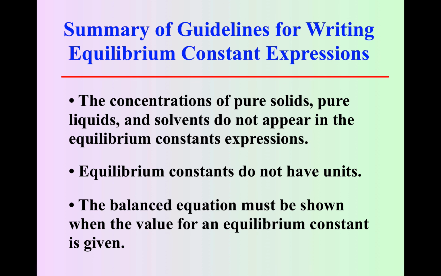Concentrations of solids and liquids are left out, along with solvents. Equilibrium constants do not have units. It's a unitless value. And the balanced equation counts. When you write an equilibrium expression, you have to write the balanced equation to show what equilibrium expression you're talking about.